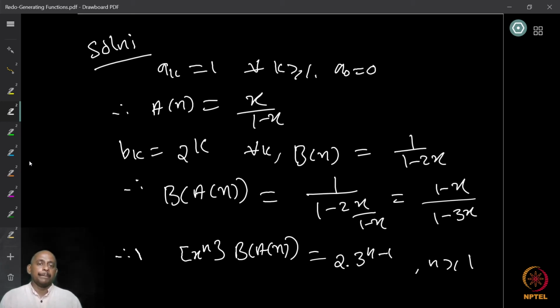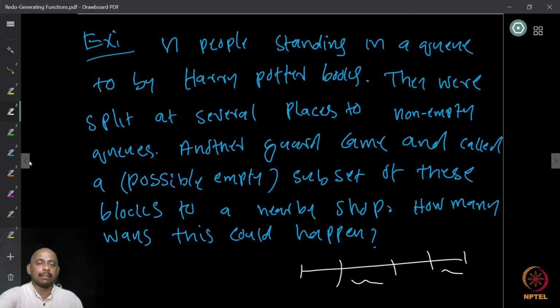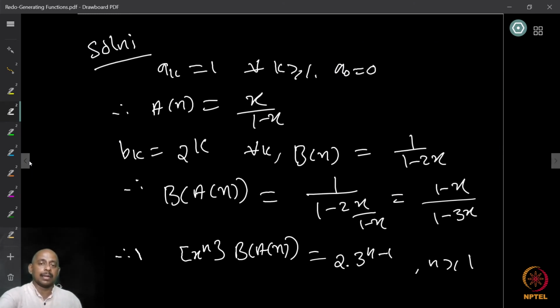Now Bk is 2 raised to k, because why is that? We have to choose some subset of the k blocks, right? There are k blocks, and I want to choose some subset. Even the subset can be empty. He may not be able to call anybody, right?